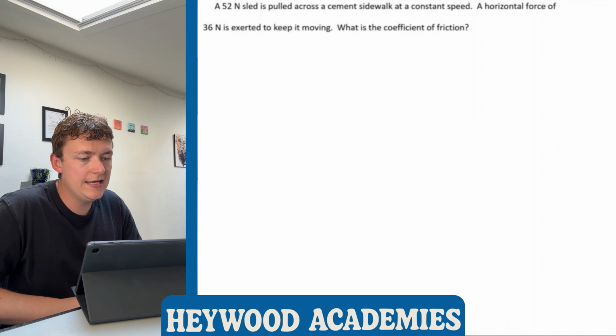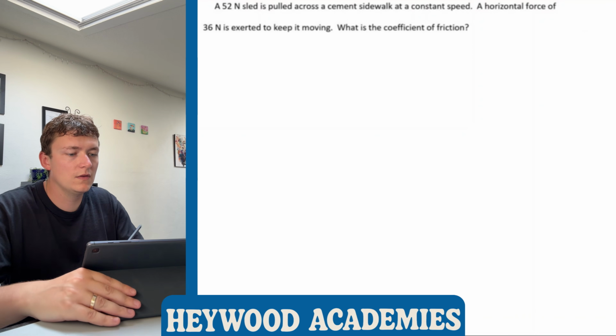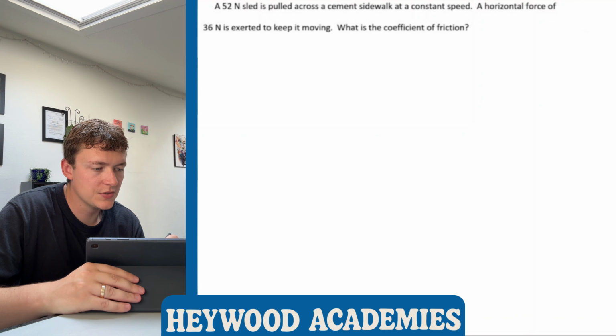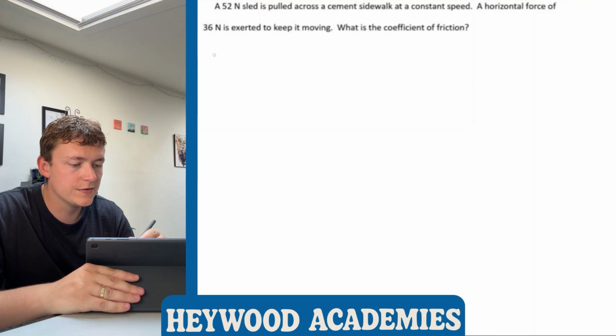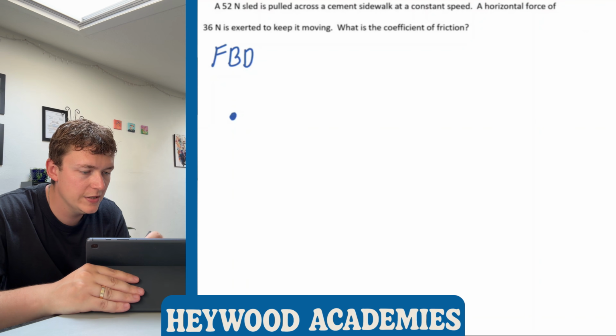Okay, we've got a sled pulled across a sidewalk at constant speed. A horizontal force is needed to keep it moving. What's the coefficient of friction? Similar question, so let's see if we can do this a little faster. Let's do our free body diagram. I'm going to draw this as a dot this time because that's how I like to do it normally.